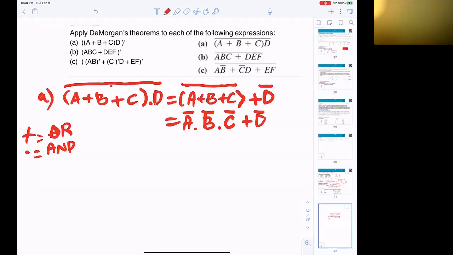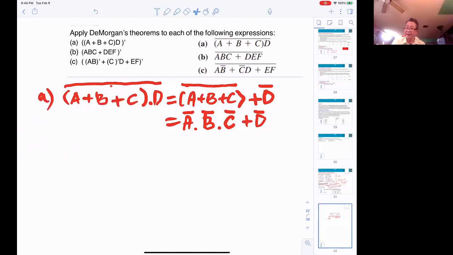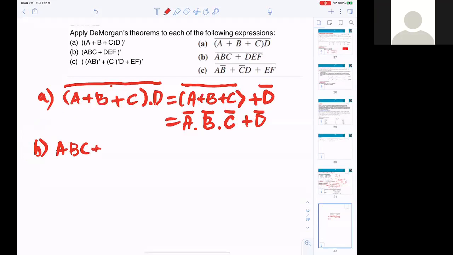Yeah, when you go into the web, you can see. So number B, A not plus B not plus C not. Yeah, we'll see. Number B. Okay, so we have A, B, C, and D, E, F. And you get a bar over.